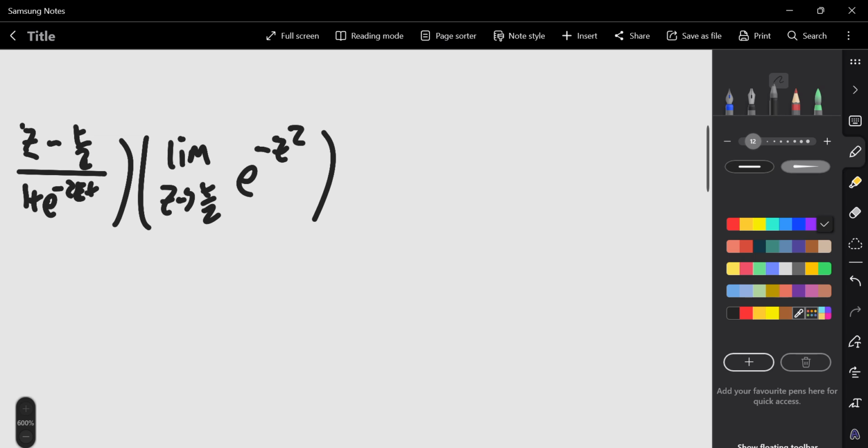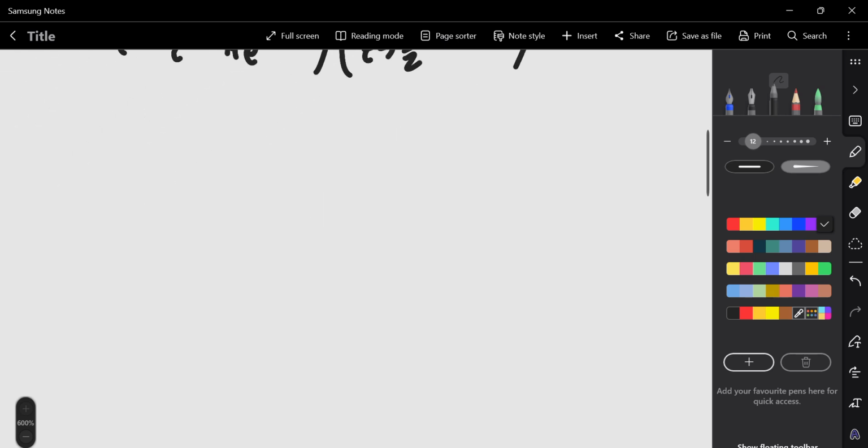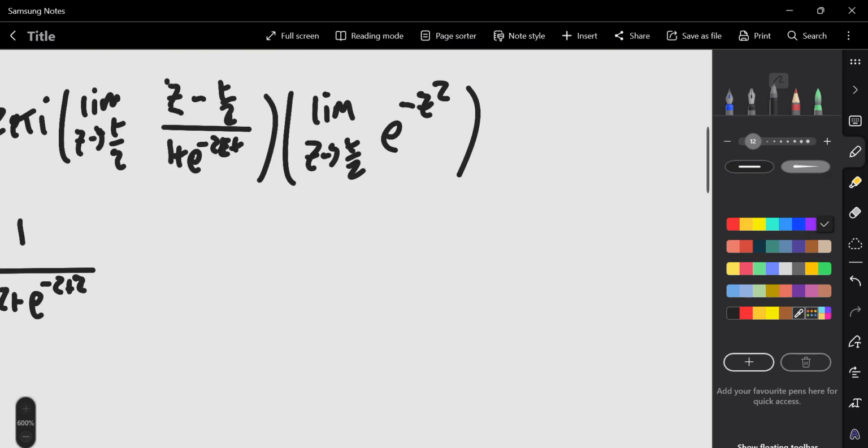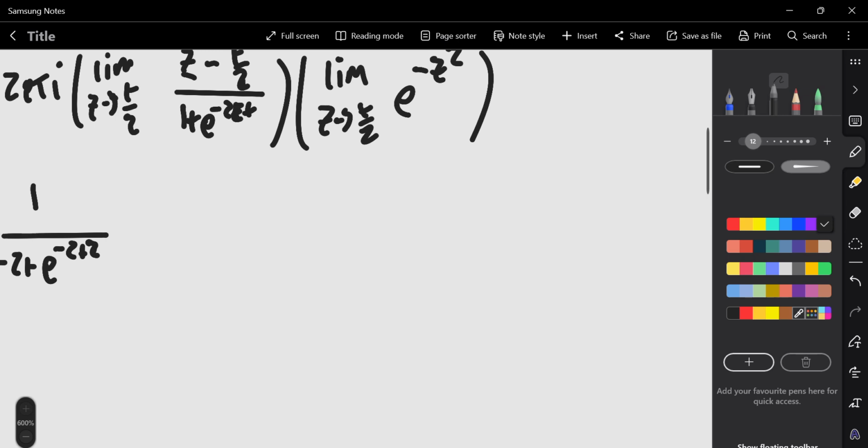Now, differentiate a little bit, chain rule. We're gonna get 1 over minus 2z e to the minus 2zt times e to the minus z squared over 4.